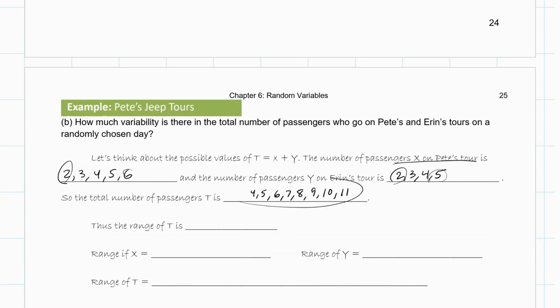What's the range of this set that the value T takes on? Well, range is found by taking the highest number and subtracting off the lowest number, and we end up getting 7. But let's compare that to the range of X. The range of X is 6 minus 2, which is 4.